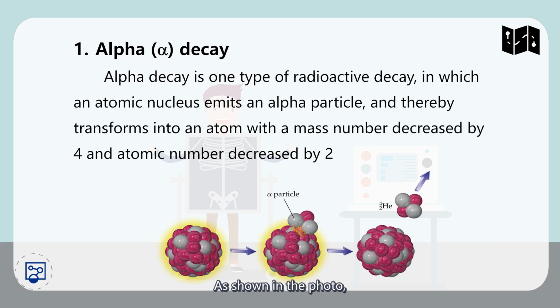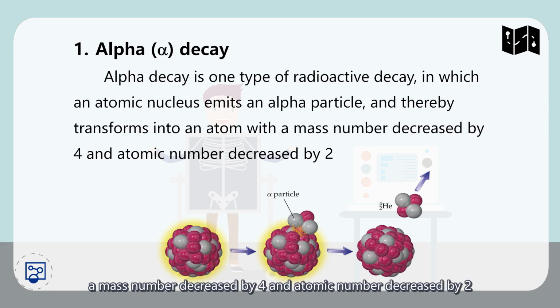As shown in the photo, alpha decay is one type of radioactive decay in which an atomic nucleus emits an alpha particle and thereby transforms into an atom with a mass number decreased by 4 and the atomic number decreased by 2.